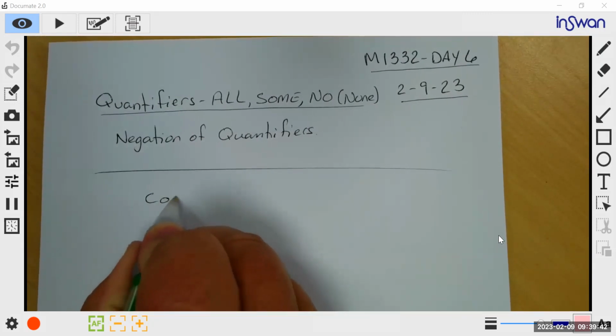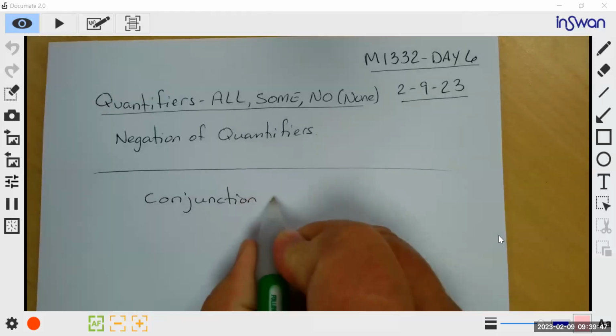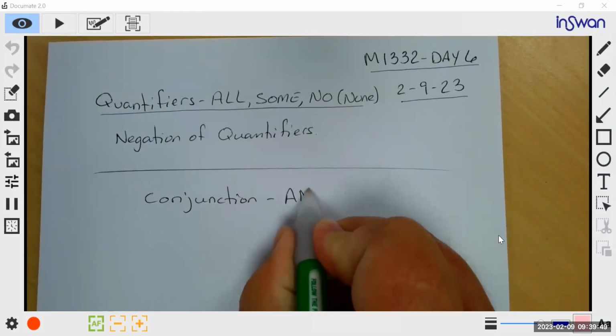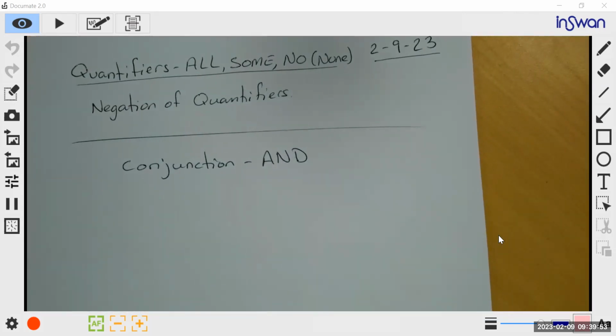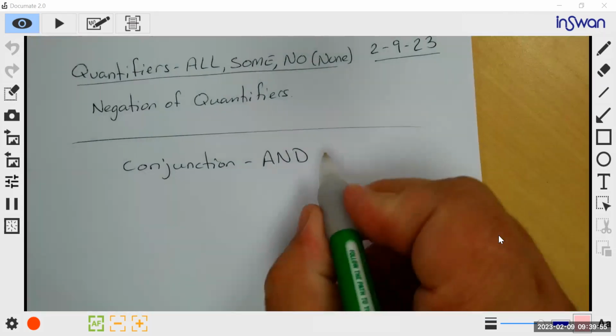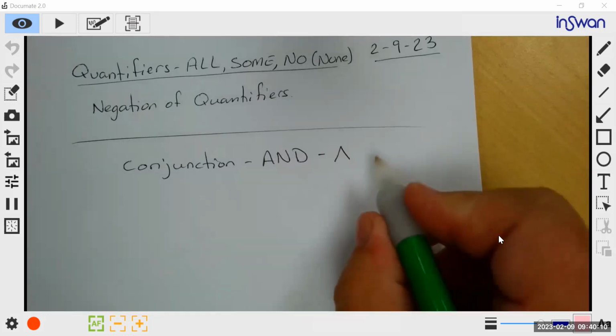So we have a conjunction, which is the and statement. What symbol do we use to represent and? What symbol did we use in chapter 2?